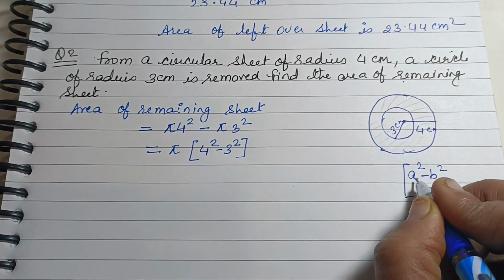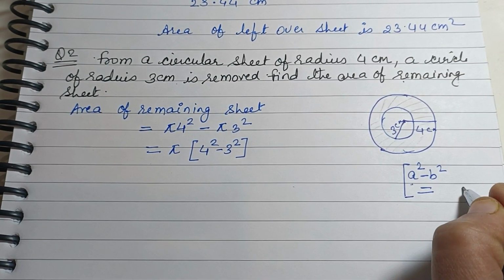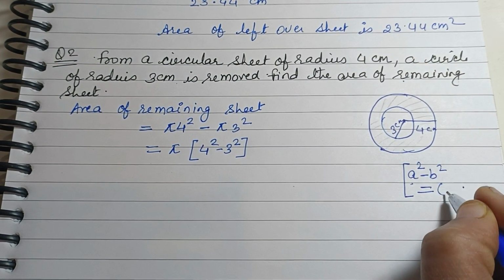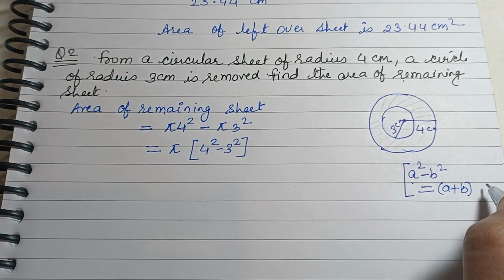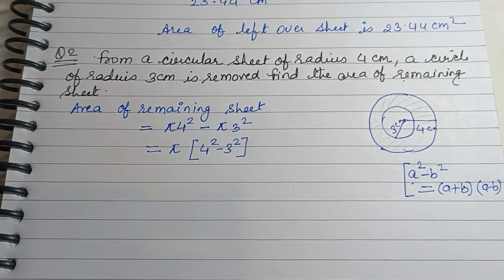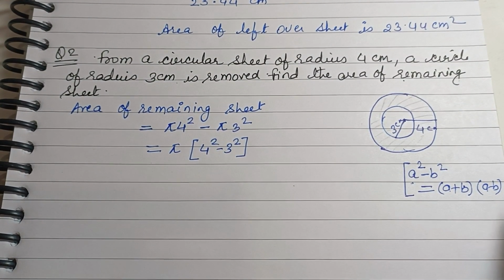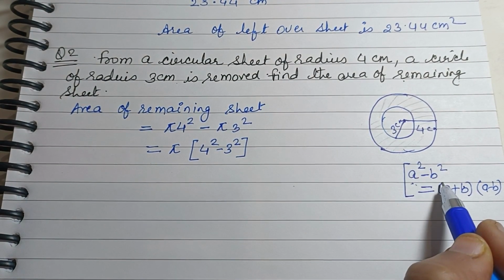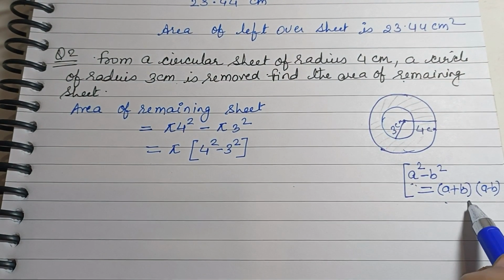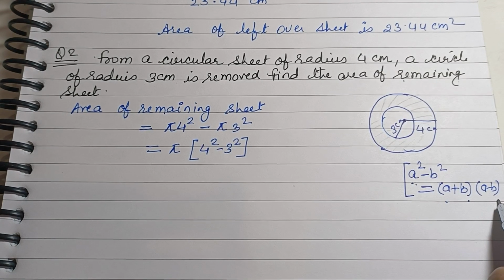You need not find the squares first and then subtract. Do one thing: one time add both the numbers, and one time subtract both the numbers, and then multiply. Whenever a square minus b square is there, just add one time and subtract one time, and whatever answers come, multiply both of them.